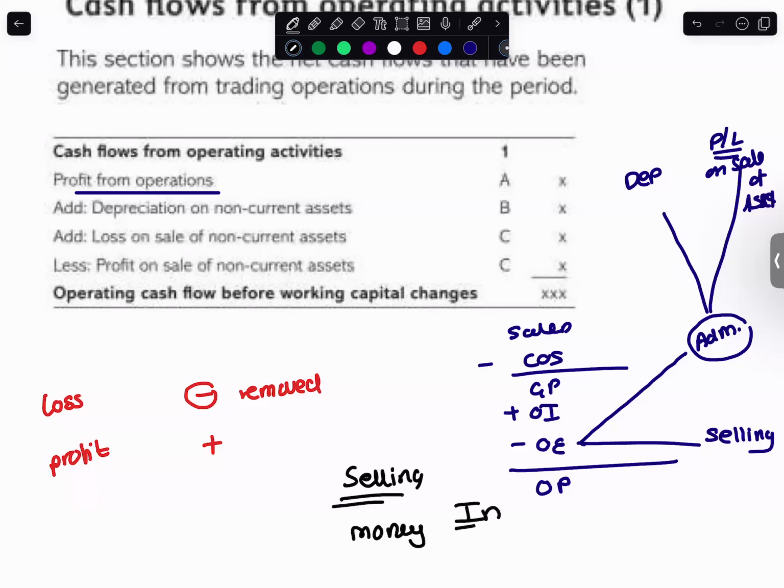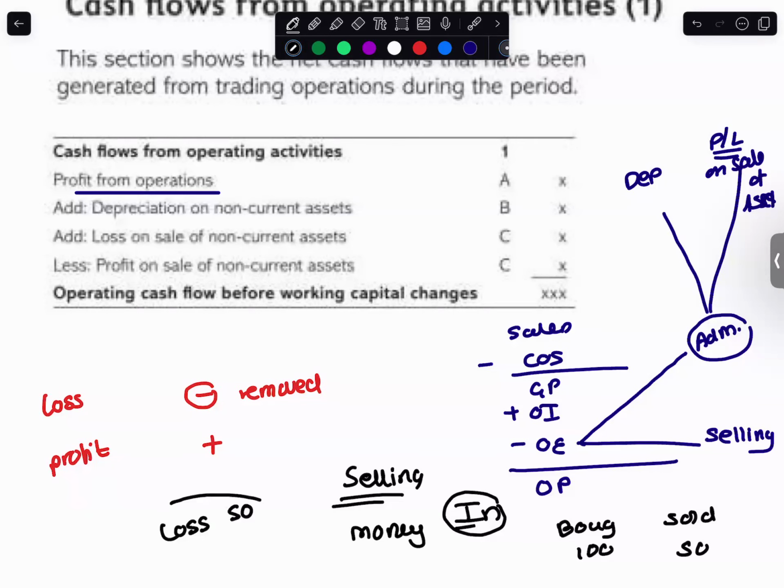Money is coming in. Profit or loss on sale, you are just calculating so that you know that I bought my non-current asset for 100, I sold for 50. Say for example, you have a loss of 50. Now talk from cash point of view.